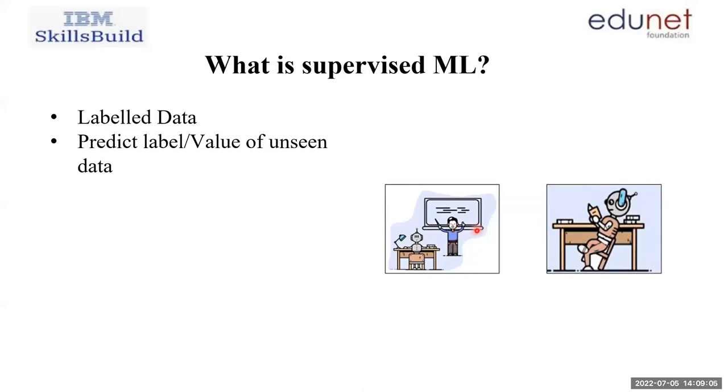There is someone who is supervising us to learn something, right? That is supervised machine learning. From this diagram, it is clear that this is self-study. There is no supervisor. The same student is learning something by himself, right? That is the concept of supervised and unsupervised machine learning.